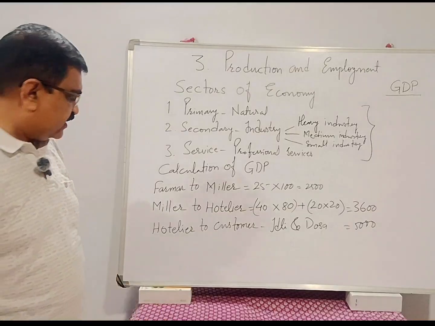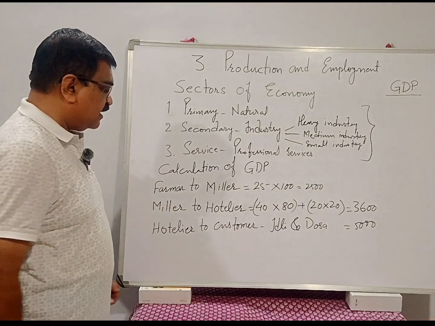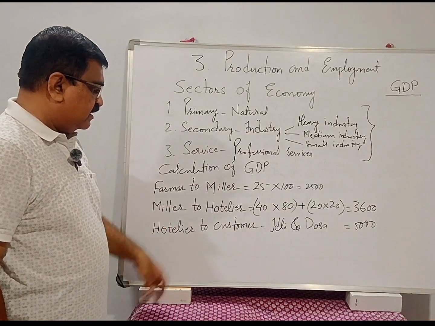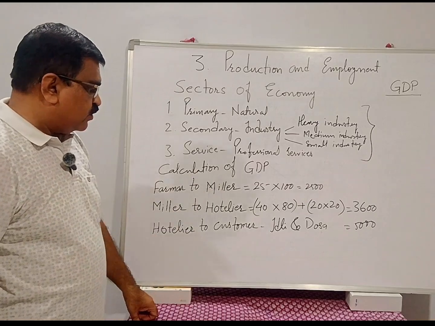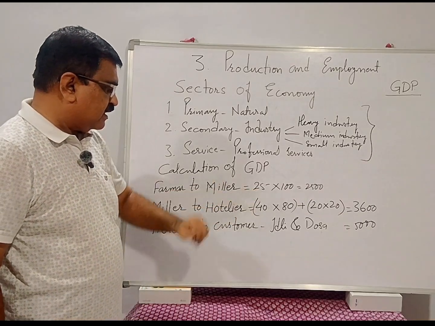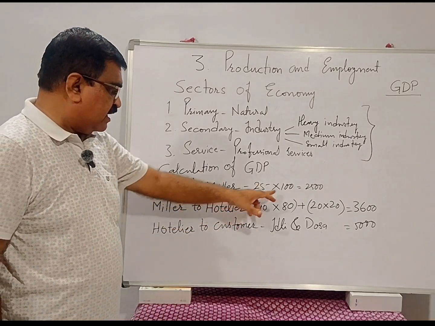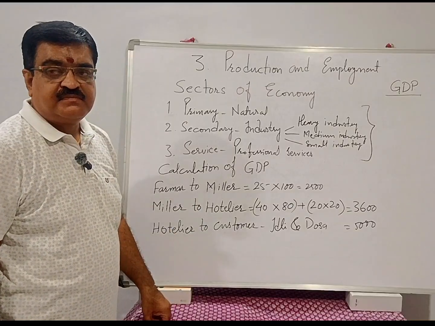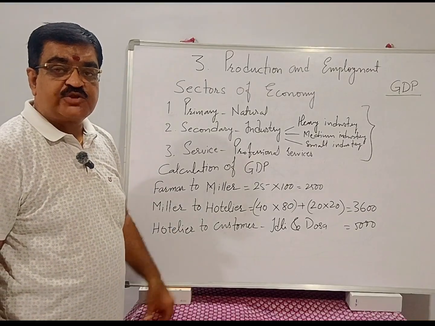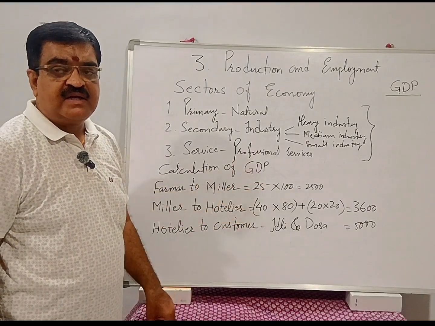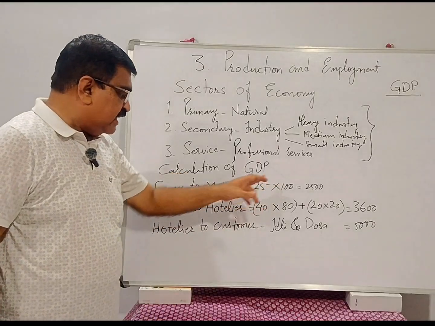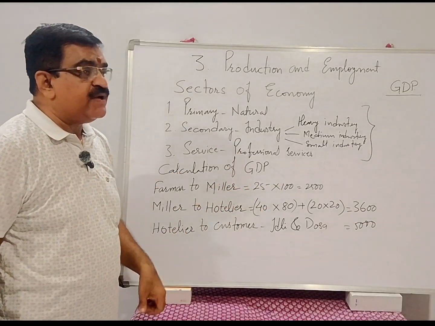For example, you see one farmer, he has produced 100 kgs of rice. How much he has produced? 100 kgs of rice, and he sold that rice at the rate of 25 rupees.